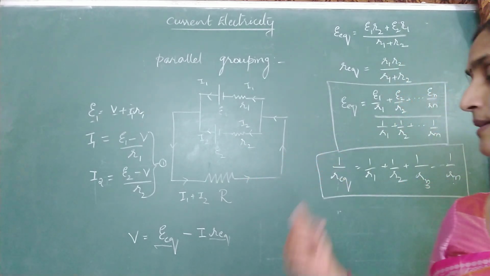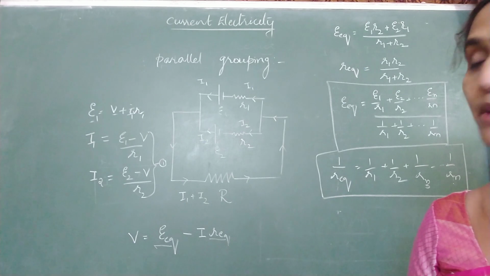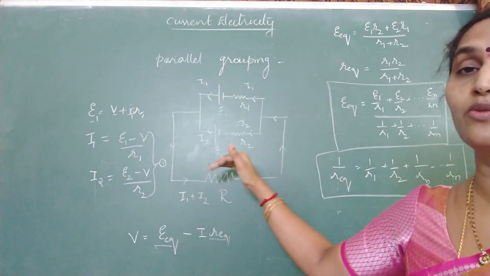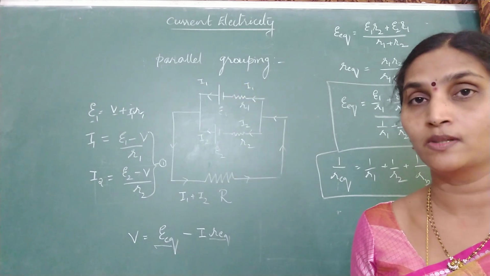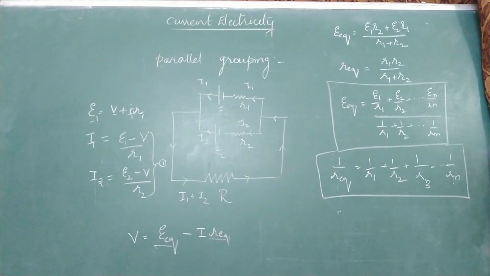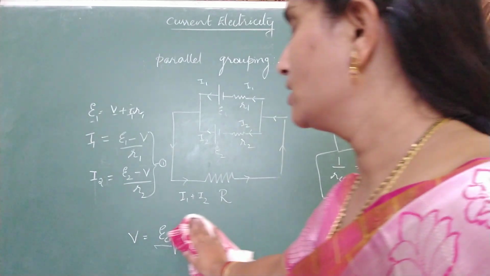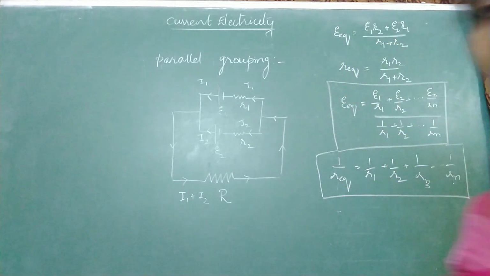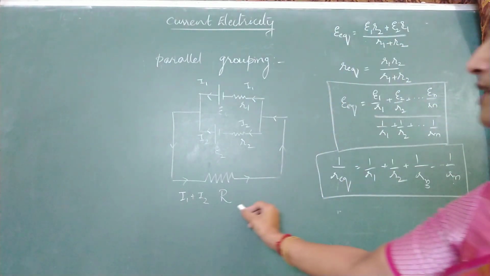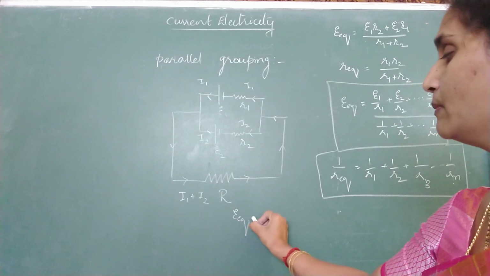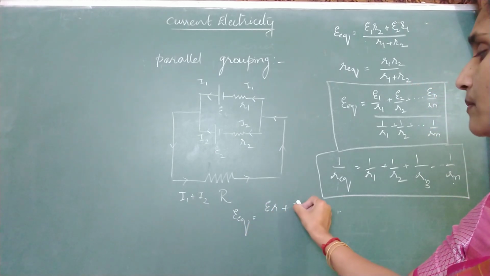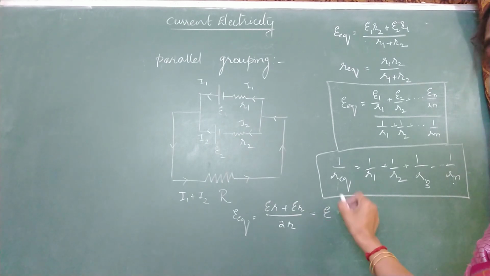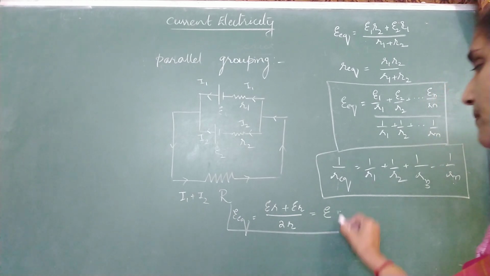Now from here, tell me what your answer would be if these cells are identical. That means E1 and E2 are equal, and R1 and R2 are also equal. In such a case, what would happen to equivalent EMF? Drop the suffixes. E equivalent will become (ER plus ER) by 2R, which is nothing but equal to E. So what does this imply?